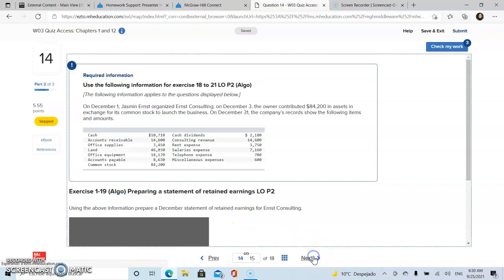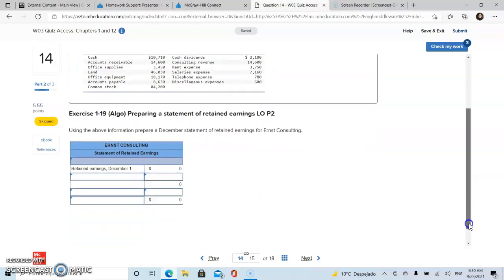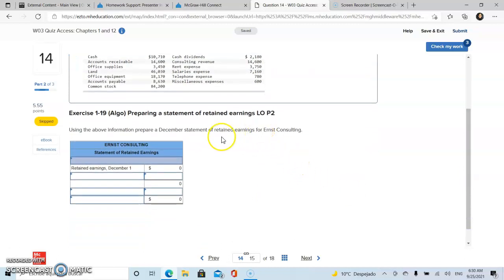So we're gonna go ahead with problem 14, and in this problem we are required to do a statement of retained earnings. In a statement of retained earnings, it's where we report how retained earnings change over the reporting period, which in this case will be for the month ending.